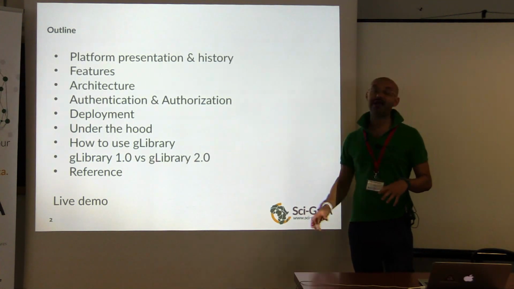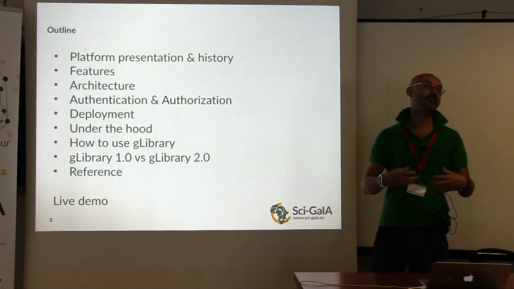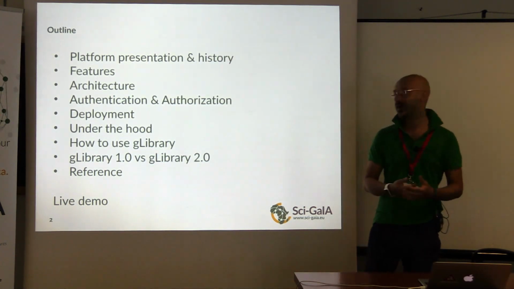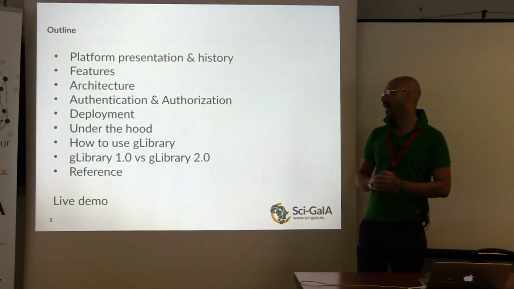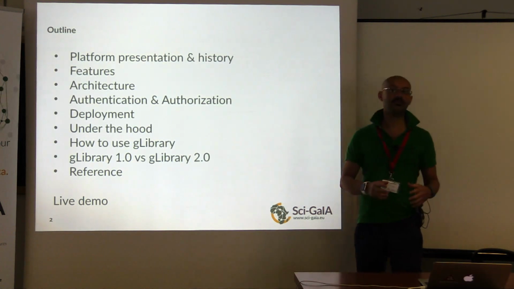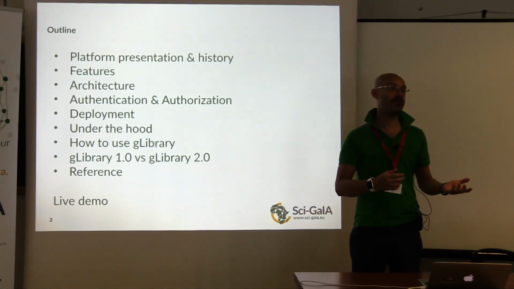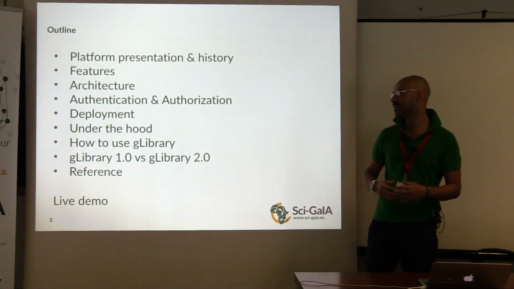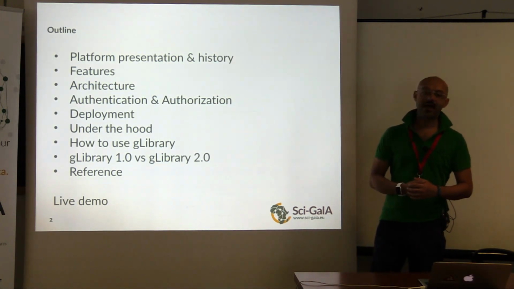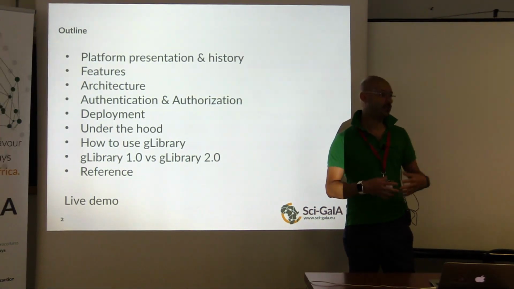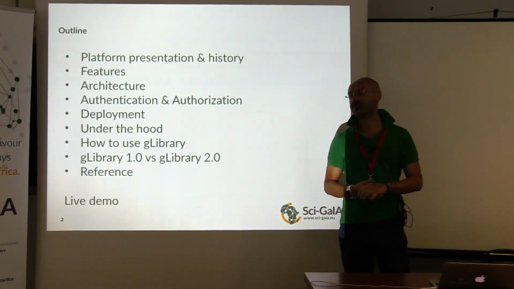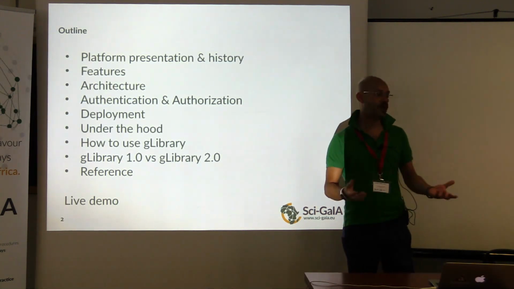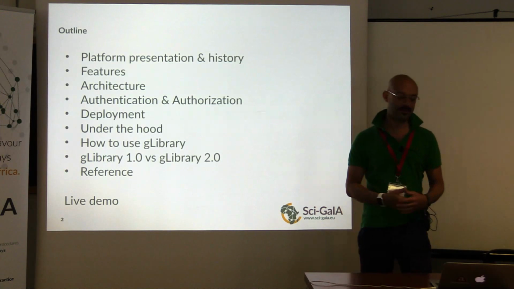Then we will see a little bit about how we built GLibrary, what technology we used under the hood to create the services. A little bit of history, talking about GLibrary 1.0 versus GLibrary 2.0. They are quite different. It's an evolution. And at the end, I will try to run a live demo. So we're going to see together how GLibrary works and how it can be used for several use cases.